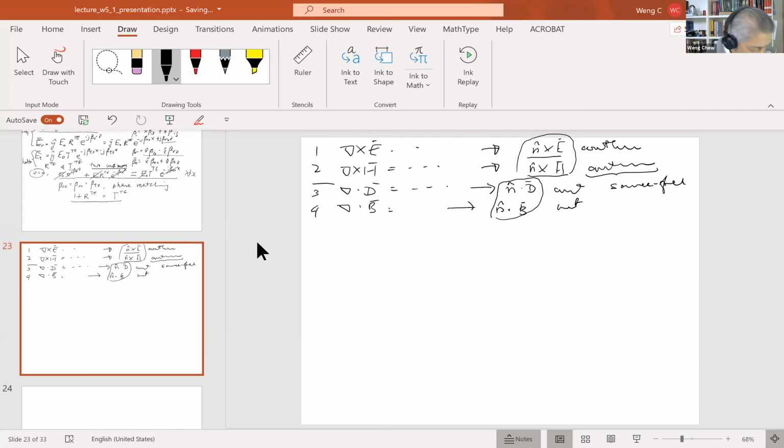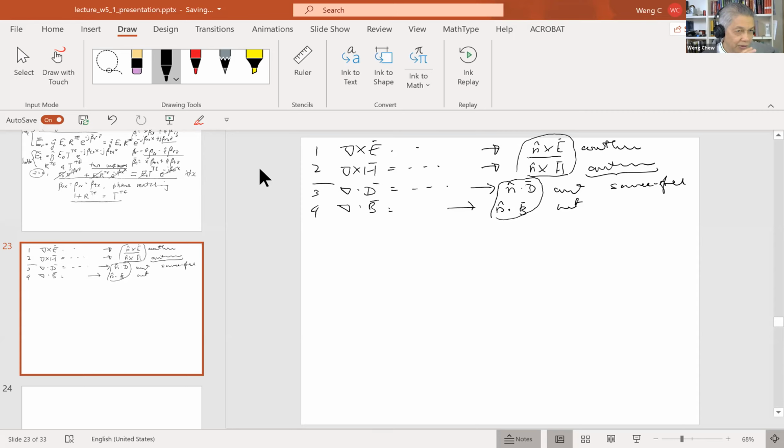What would be the second boundary condition that you should use? Anybody? Replacing the magnetic field with negative electric field for the tangential. No, that was applying the duality principle. You're jumping too far ahead.